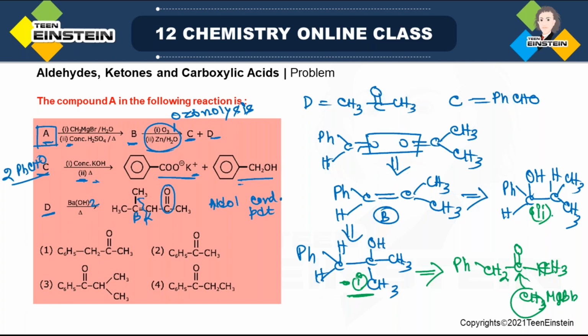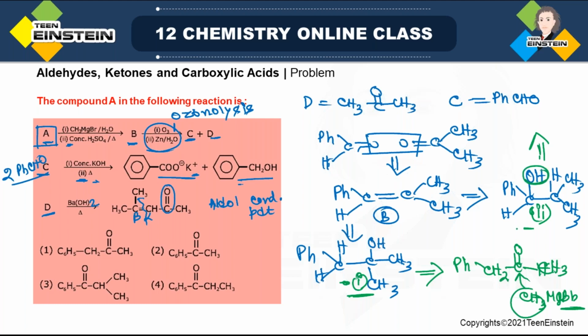But if you consider this molecule and want to do retro, where one of the reaction partners must be CH3MgBr, that you cannot write, because the OH is at this carbon.